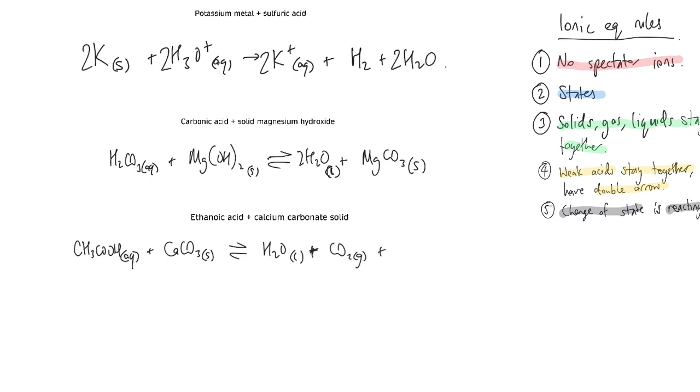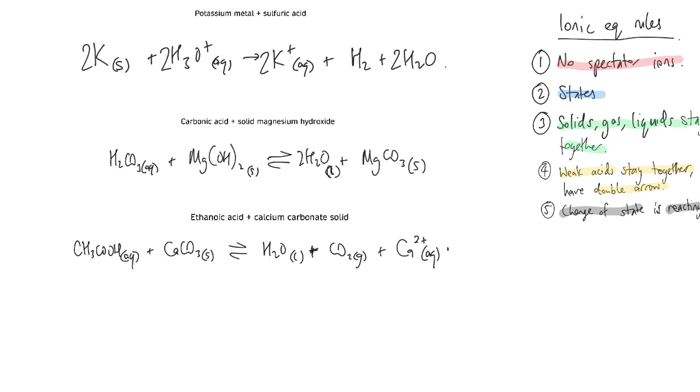It's going to be calcium ethanoate. Calcium and ethanoate, or the negative ion there and the positive ion there. Now, calcium ethanoate is a soluble salt. However, the components of that were calcium and ethanoate, and the calcium went from being a solid to being an aqueous. So that is a change of state. That is a reaction.